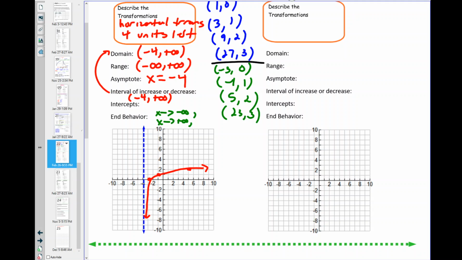What are we doing as x is going to negative infinity? Yeah, it is going down to negative infinity. And what are we doing as x is going to positive infinity? Yeah, also going to positive infinity.